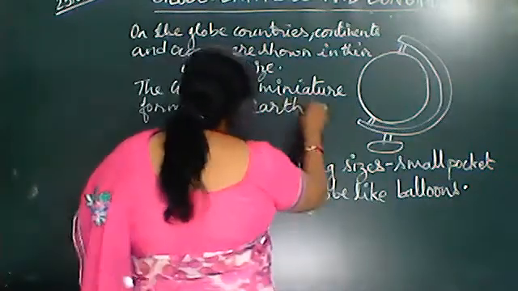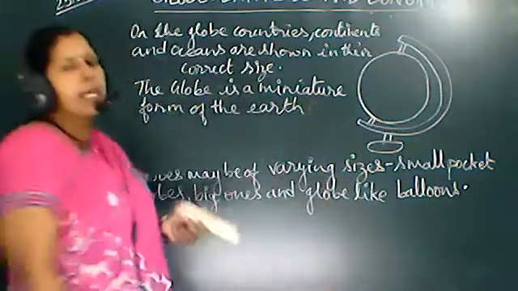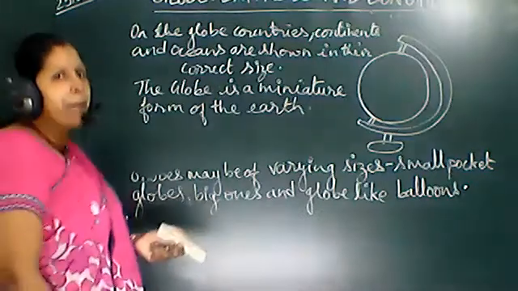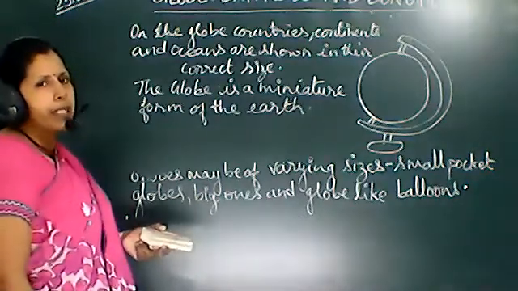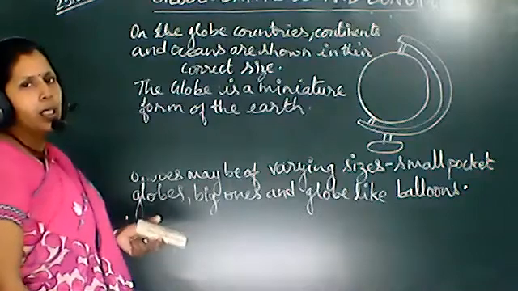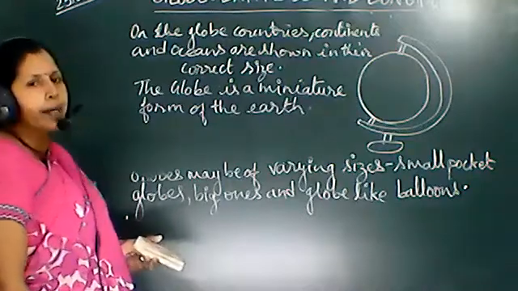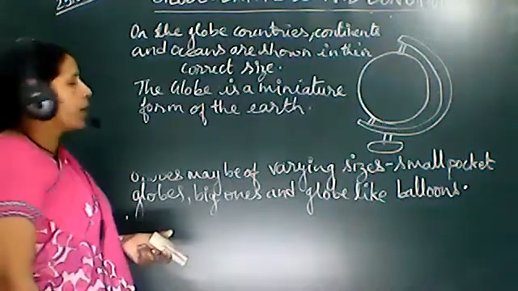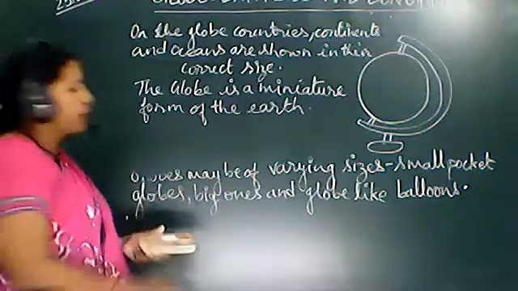This globe has been prepared for our convenience so that we understand the places in a better way. The places that have been marked on the earth as continents, oceans, countries, we can understand in a better way through the globe.